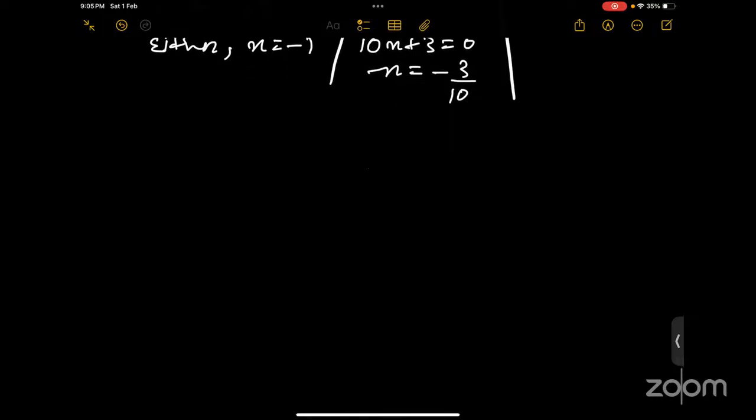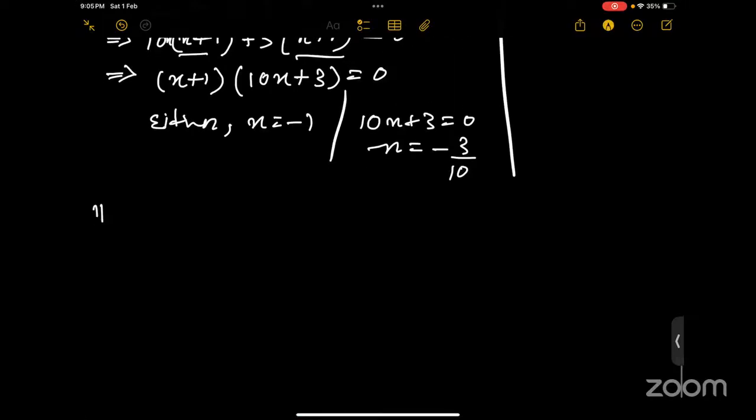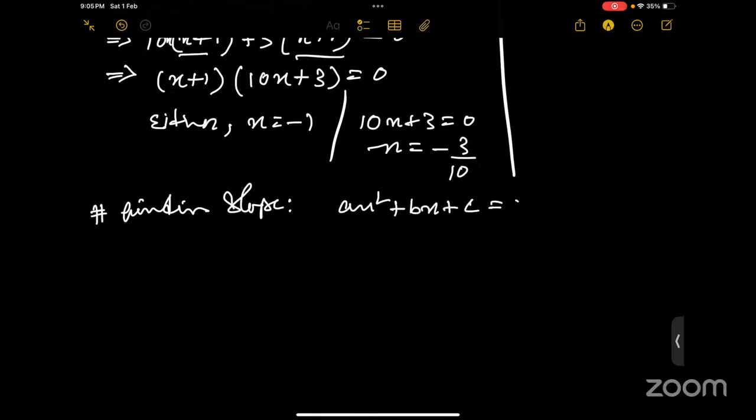So another thing we have: finding slope. We know that if we have the parabola ax squared plus bx plus c equals 0, or equals f of x, then the equation of the slope is 2ax plus b, right?